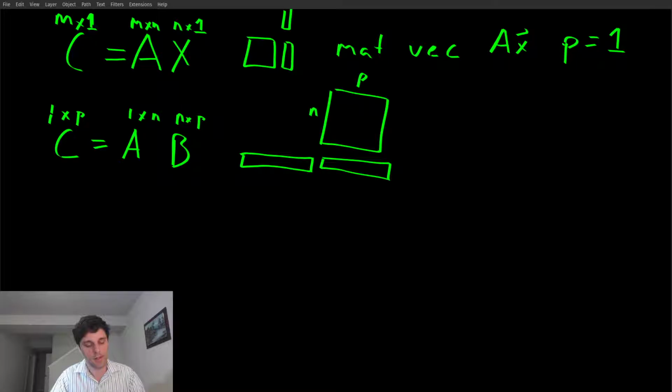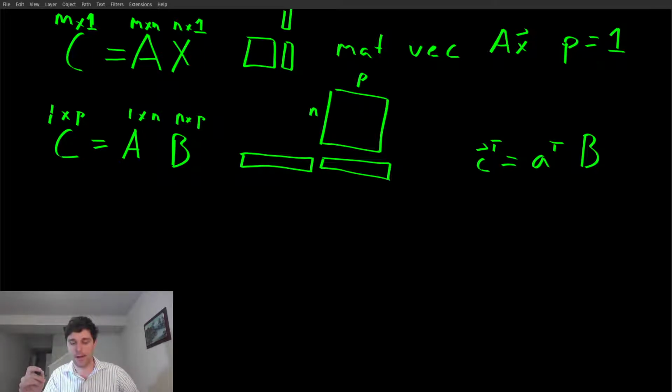So this one also looks like a matrix vector multiply, but sort of turned on its side. It turns it into row vectors. So if I were rewriting this as vectors, I might write C transpose is equal to A transpose B, with C transpose to emphasize that they're row vectors and not column vectors.